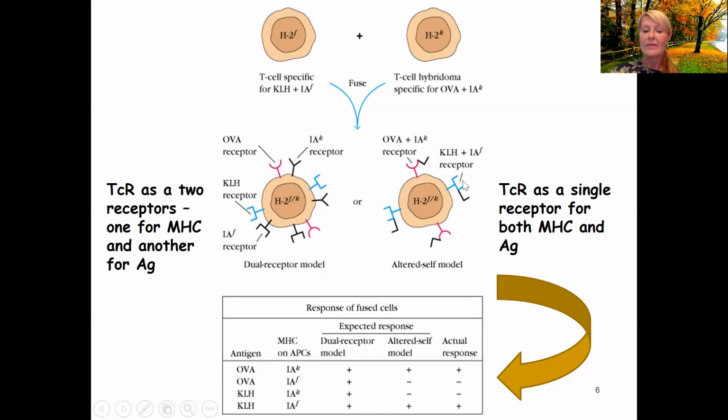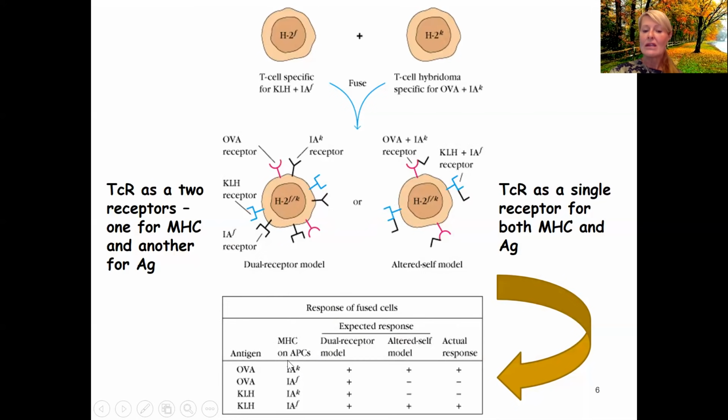So they said, okay, there's only two possibilities here. Let's do an experiment and see what we actually end up with. And that's what you're going to see down here on the bottom. So the various antigens are OVA and KLH. Then they add MHC on an antigen presenting cell. So they have antigen presenting cells that can activate these fused T cells.